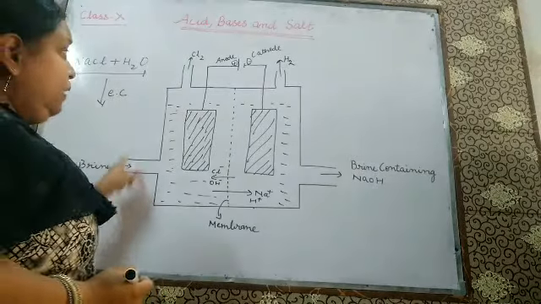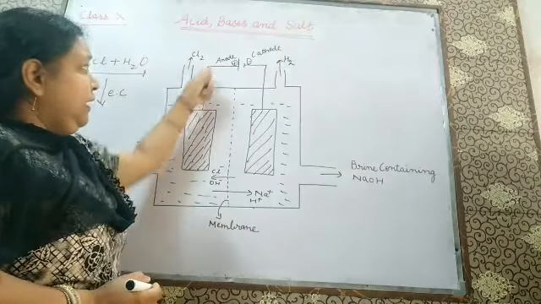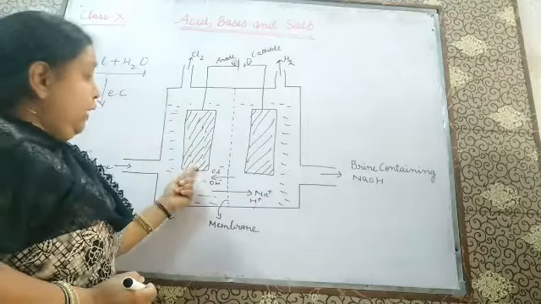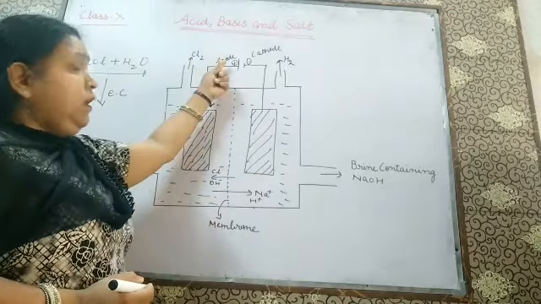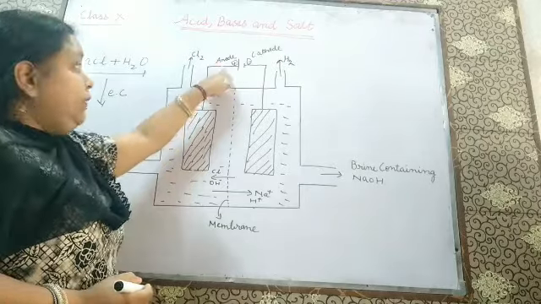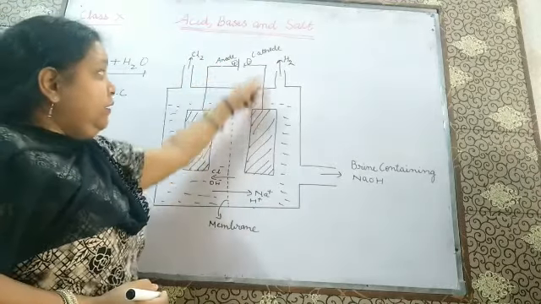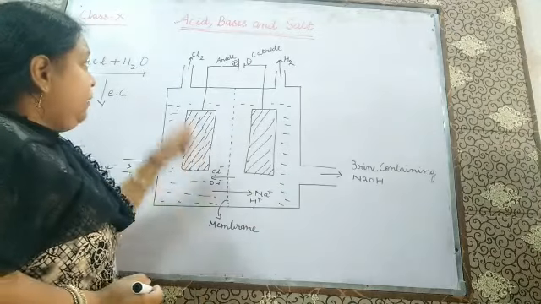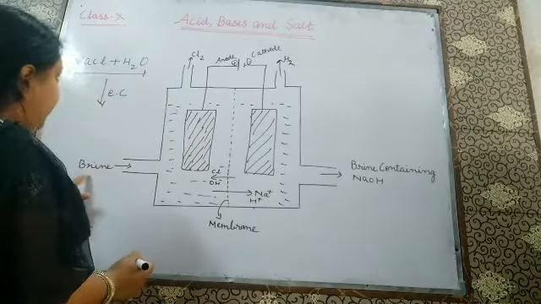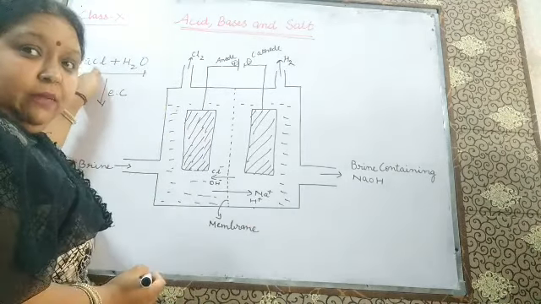Then you can see here I have taken two electrodes. One I have taken as anode, that means plus, and another one as cathode, that is minus. What will happen when we keep NaCl plus water?